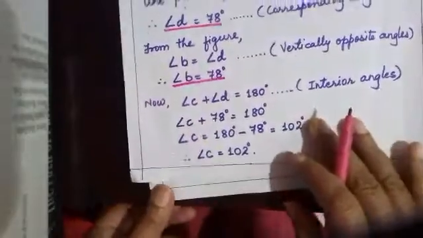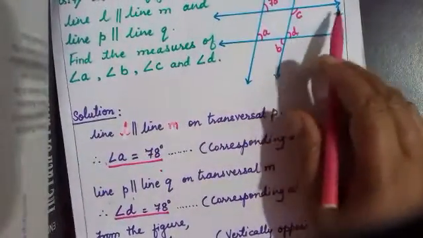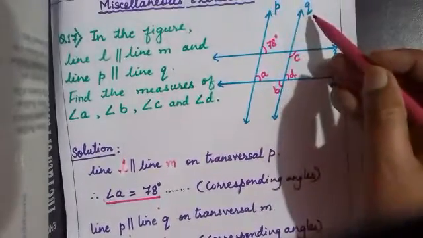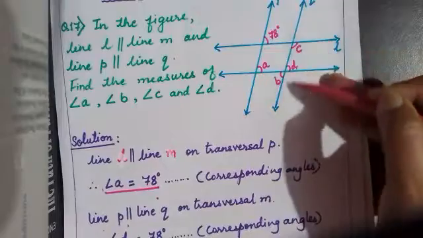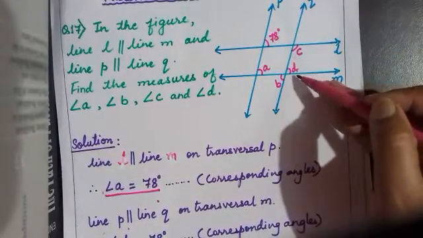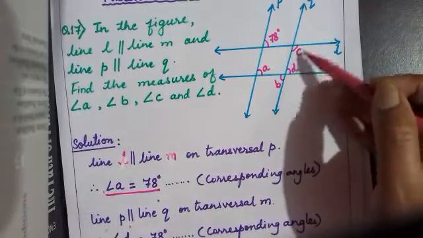Now the left part is angle C. See now, this time line L and line M are parallel lines, and Q is a transversal. On transversal Q, which two angles are given? Angle C and angle D. They are forming interior angles. Interior angles means their sum is 180 degrees.